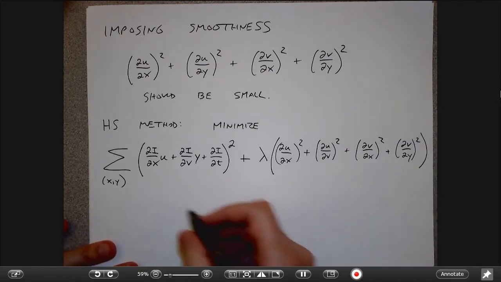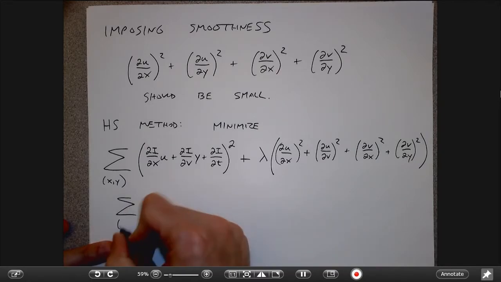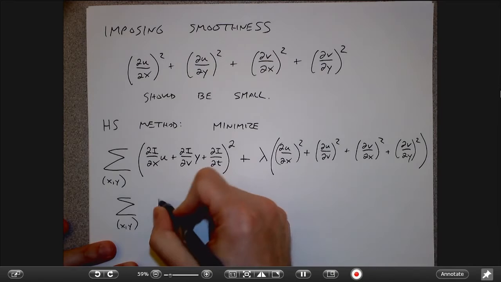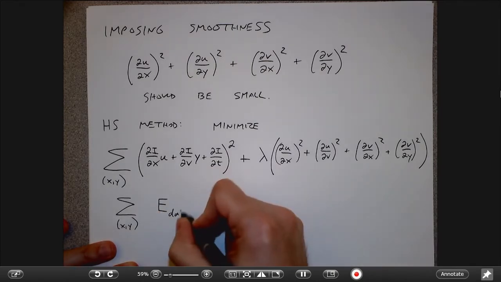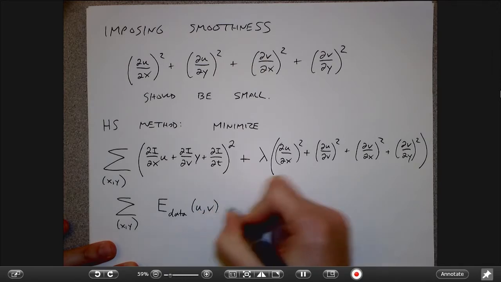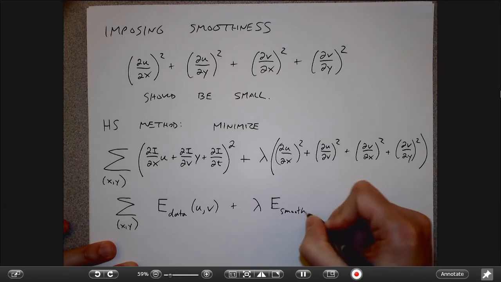One way to think about this is that I want to minimize something that depends on the data and something that depends on the smoothness.